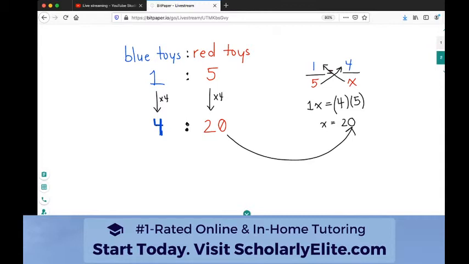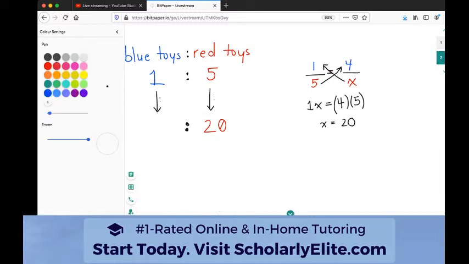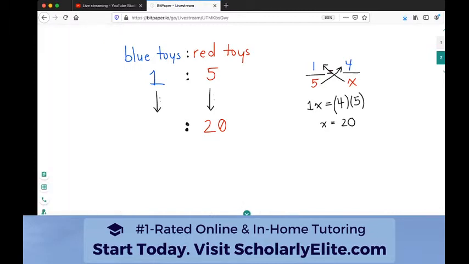I could have said, let's say, for example, we didn't know that we have 4 blue toys. Let's say we knew that we had 20 red toys. And then they're asking us, well, how can you solve for the blue toys? The situation is pretty much the same. It's just about setting it up correctly. Again, one ratio is one fraction.